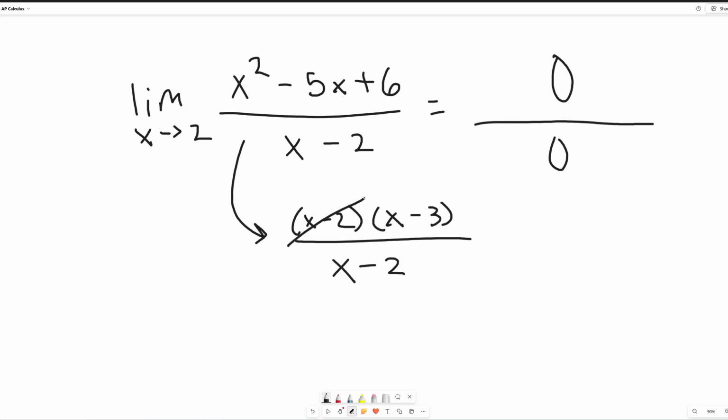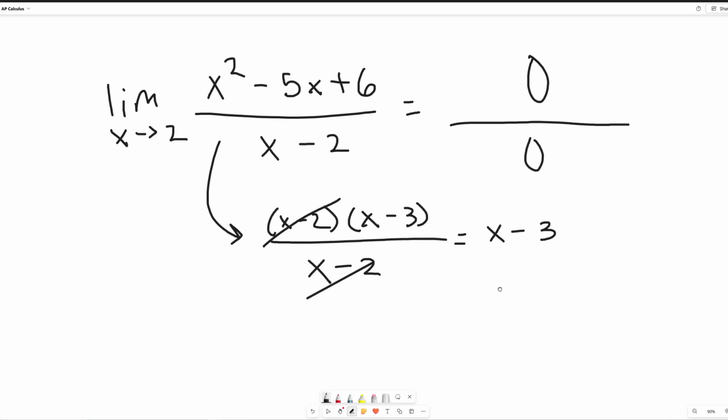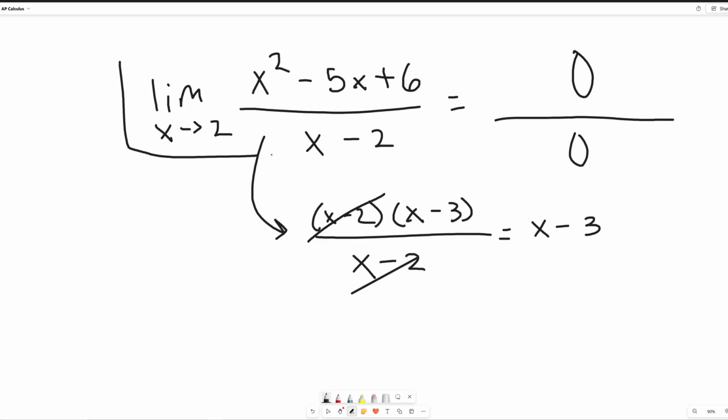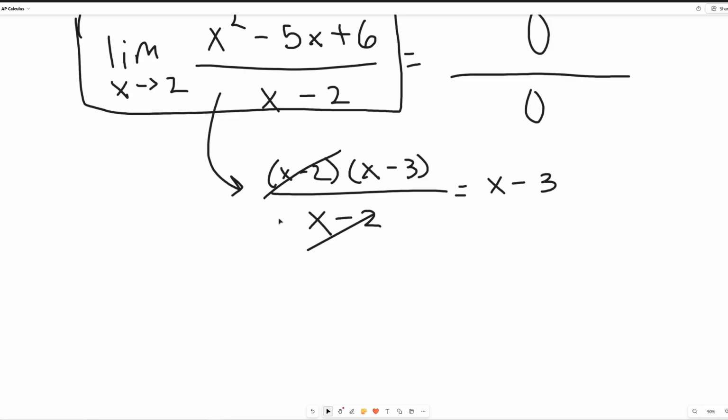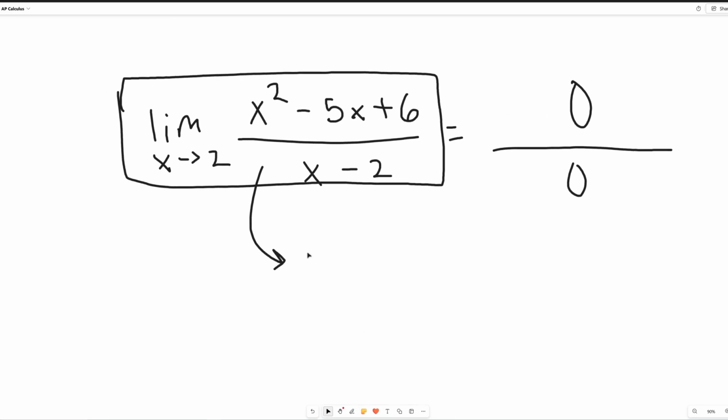However, these can be factored into x minus 2, x minus 3, and then x minus 2. And now we can take out that denominator, and this is x minus 3. So this expression is essentially equivalent to the limit as x approaches 2 of x minus 3.